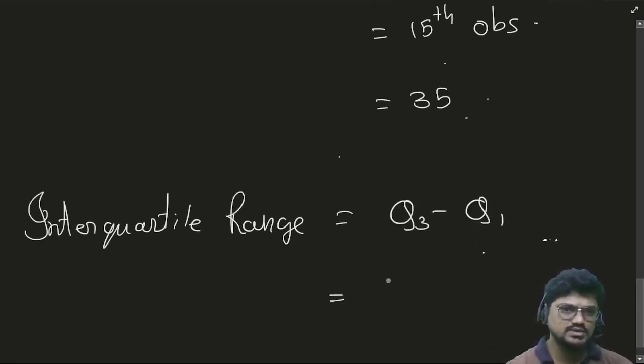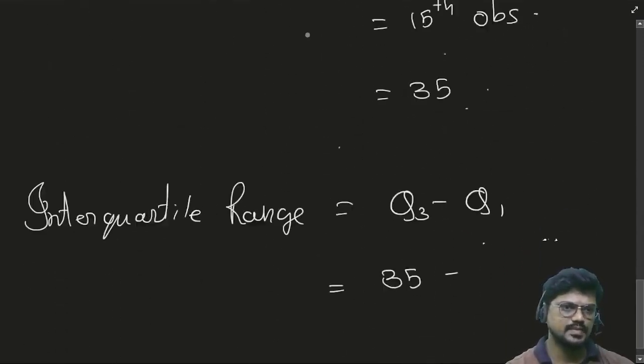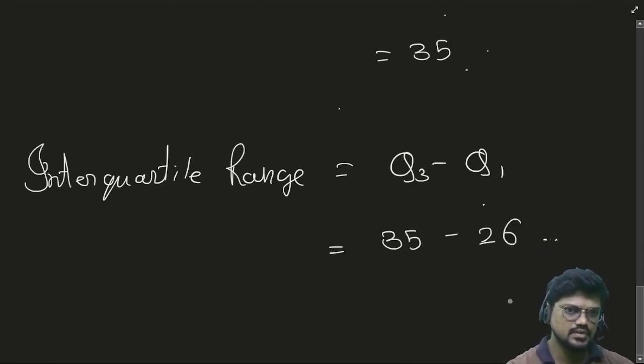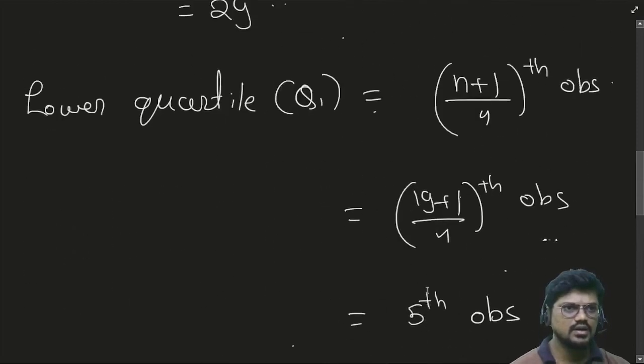Q3 is 35 and Q1 is 26. So 35 minus 26, that is how much? 9. So your interquartile range is 9. That's it. Done with the sum. Clear to everyone?